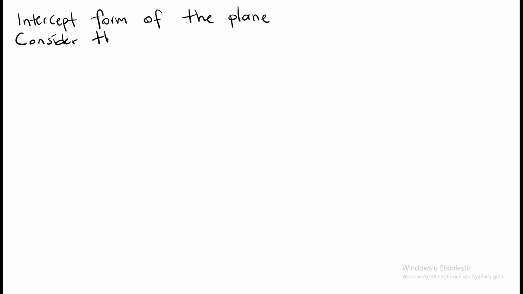This one, intercept form. Intercept form of the plane. Okay, now consider this plane. Consider the plane A times X, B times Y, C times Z plus T equals 0.